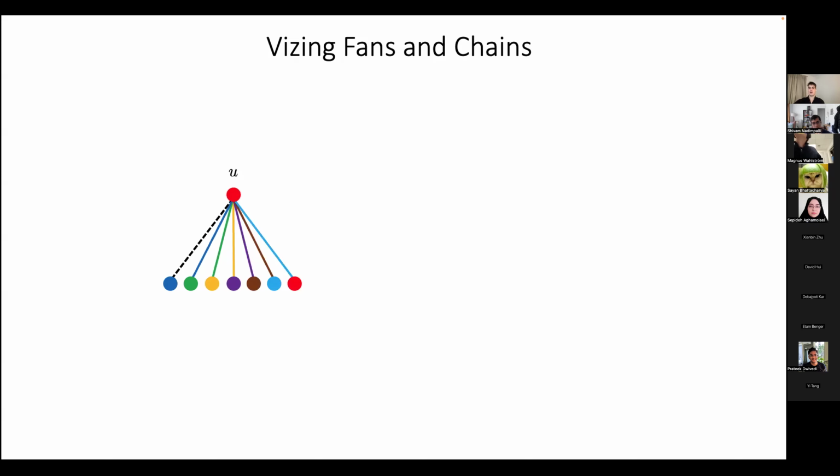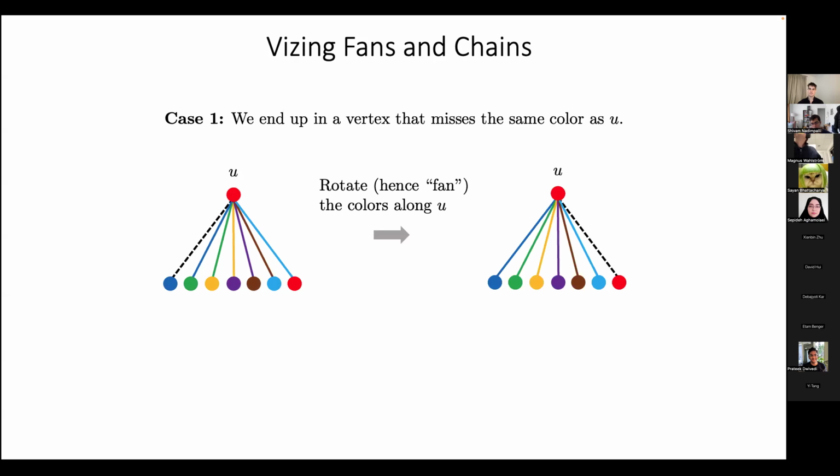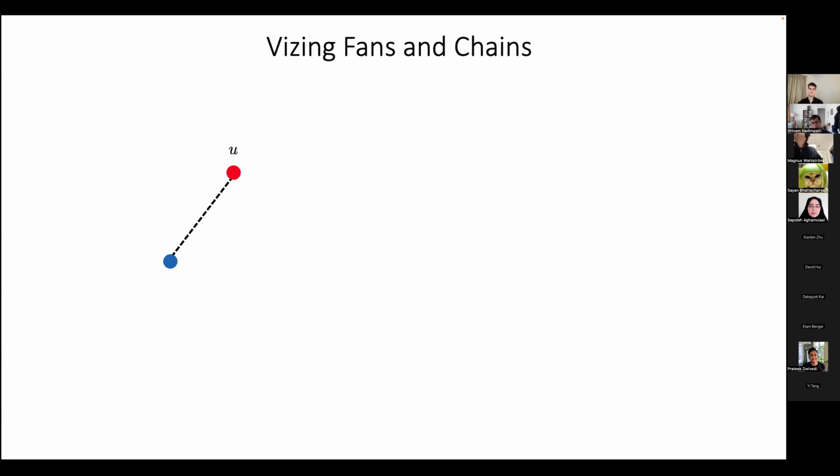Eventually, one of two things will happen. The first one is that one of these endpoints will be missing some color which is also missing at U, in which case we can move all of these colors down one edge. We can rotate this fan, and then we're left with some uncolored edge which is missing red at both endpoints, and we can color this red, and we're done.